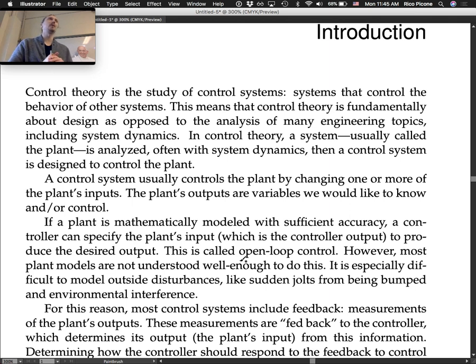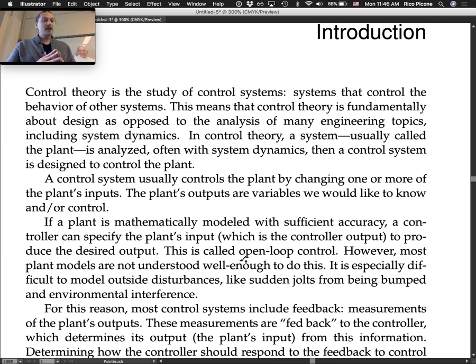Sometimes the output is something we want to control directly, like the fluid level in a tank. We want to control that variable. Other times the variable is just of interest to us, but not something we want to control directly. So there is a slight difference.